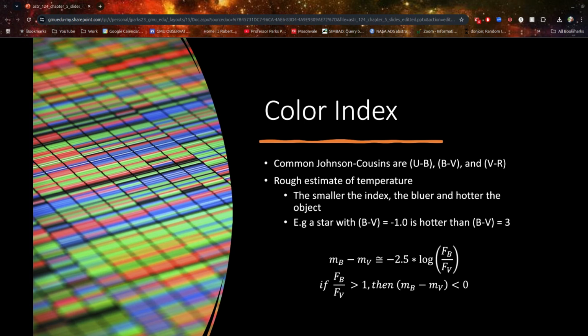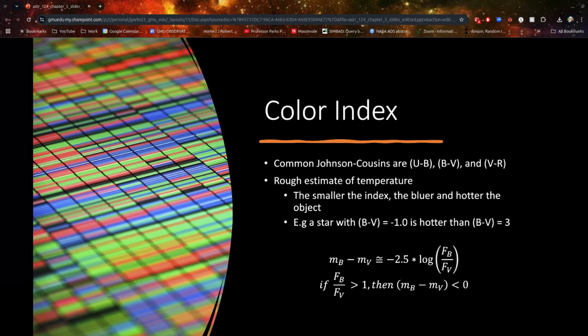This is a very useful tool if, say, you wanted to study red stars exclusively, and you wanted to make a target list using a catalog from Vizier. You wanted to use Vizier to create a target list of just cold stars that have temperatures roughly between 3,000 and 5,000 Kelvin. That has a particular color index range, which you can then put into Vizier, and it will spit out only those stars within that range.